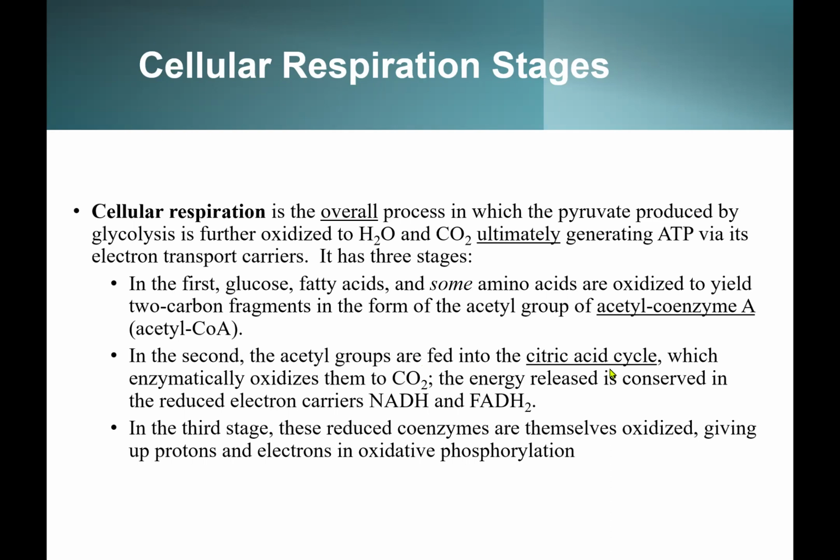So this oxidizes these acetyl groups to carbon dioxide, and the energy that is released is actually conserved in our reduced electron carriers, NADH and FADH2, which will go on to this electron transport chain into oxidative phosphorylation. And this is the money maker. This is where we make a whole bunch of ATP.